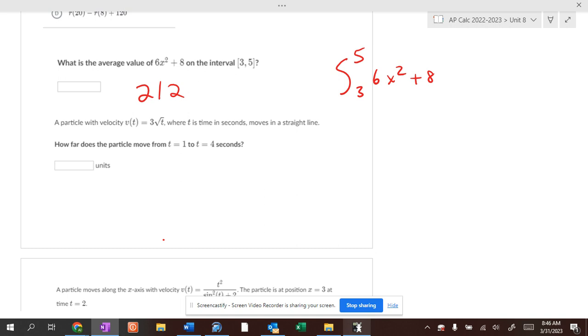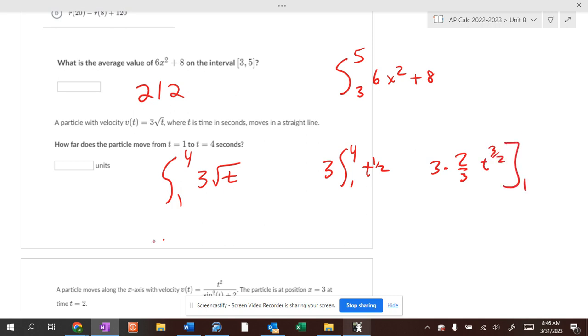And then the particle. How far does the particle move from that to that? That's the integral from 1 to 4 of 3 square root of t. So it's 3 times the integral of 1 to 4 of t to the 1/2, which is 2/3. 3 times 2/3 of t to the 3/2 from 1 to 4.